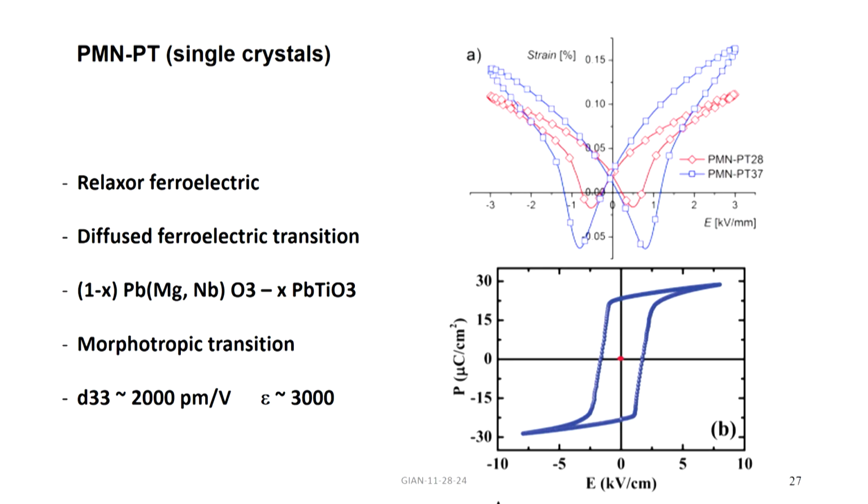This is PMN-PT, and so depending on the amount of lead titanate in PMN, it has very different characteristics, and these are shown here, 28% PT and 37% PT. As you see here, in our systems, we use PT of 36 or 38, it has a much higher d33 among all the compositions available for PMN-PT.